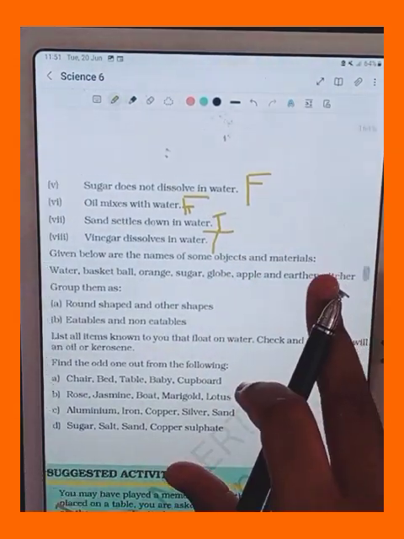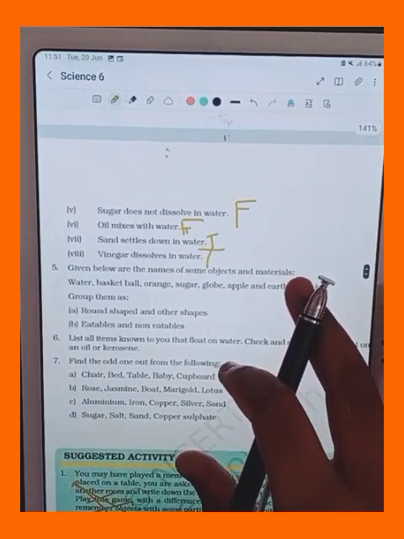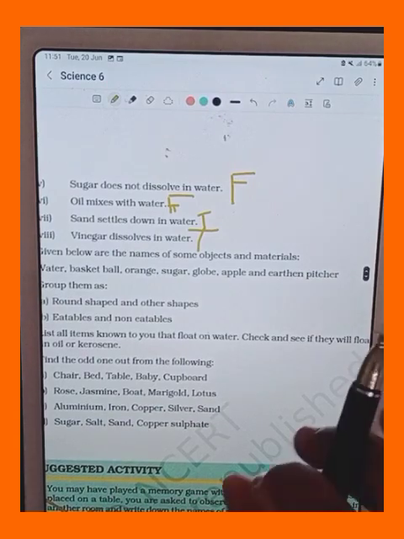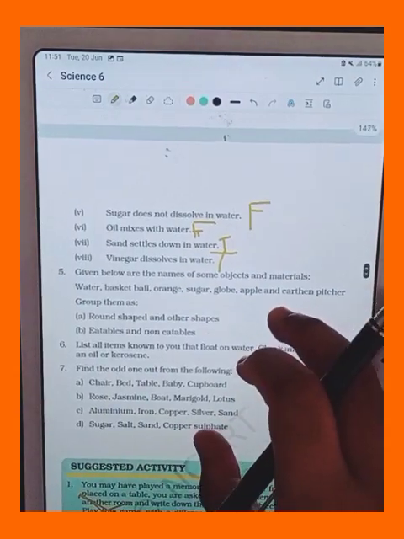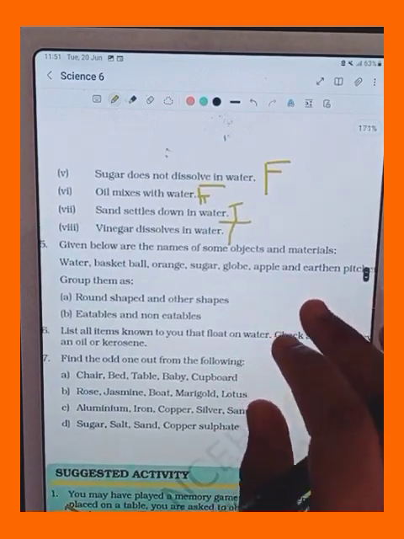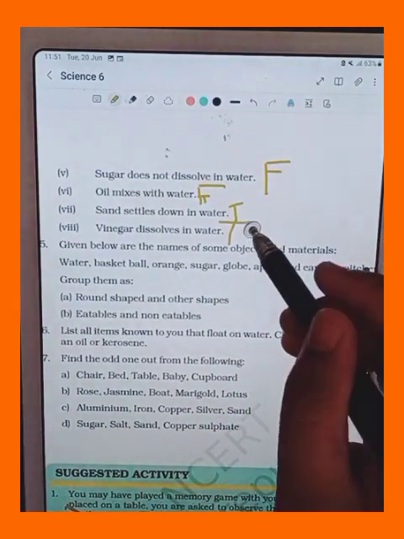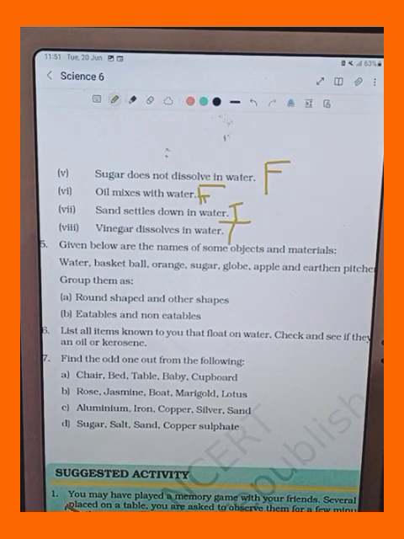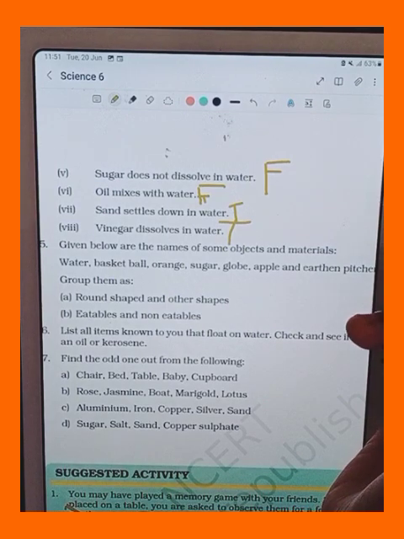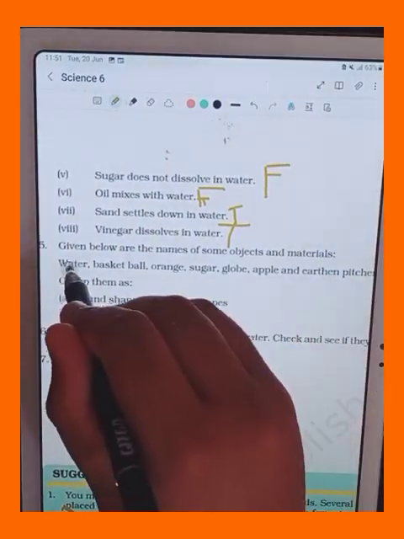Okay. Then below the name of some objects and materials: water, basketball, orange, sugar, globe, apple, and earthen pitcher. Do the mass round and other shapes. So water is not no shape. So water can come in this.